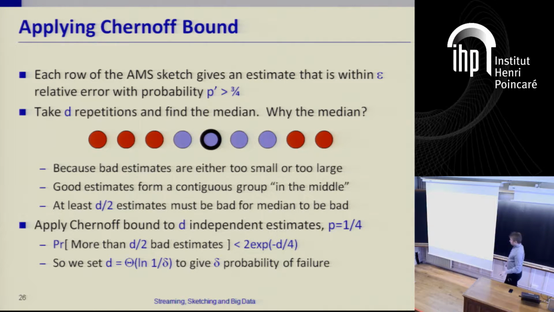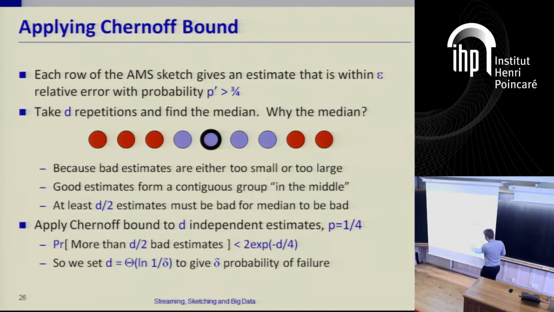I've got d independent estimates that are each bad with probability 1/4. I'm looking at the probability that I see more than twice what I expect. So I plug in that result, putting in a constant epsilon in the previous bound. So it just depends on e to the minus d over 4 or d over 2 or something.